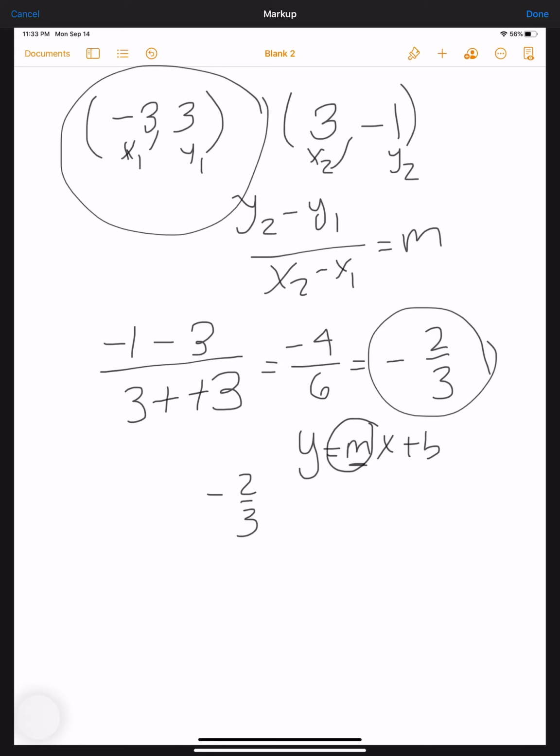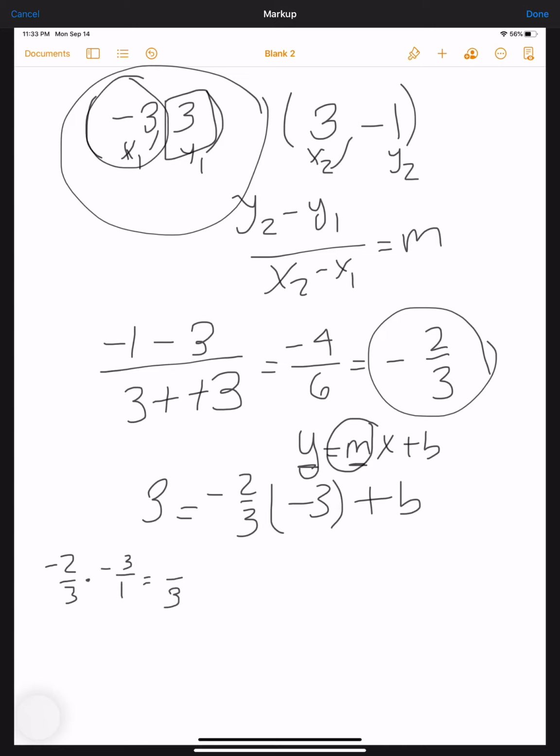We also have a y, because we're using our first point, and our y is 3. And we also have our x, which is -3. So this fraction is going to be multiplied by -3. When we multiply fractions, remember you just put a 1 under the -3, because that's how a whole number should look. So -2/3, I'm multiplying times -3 over 1.